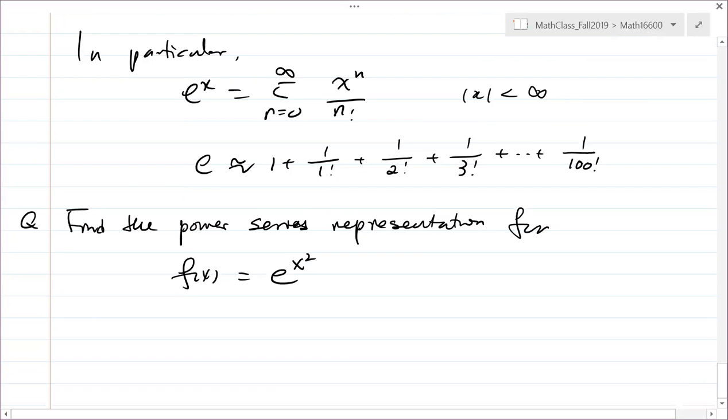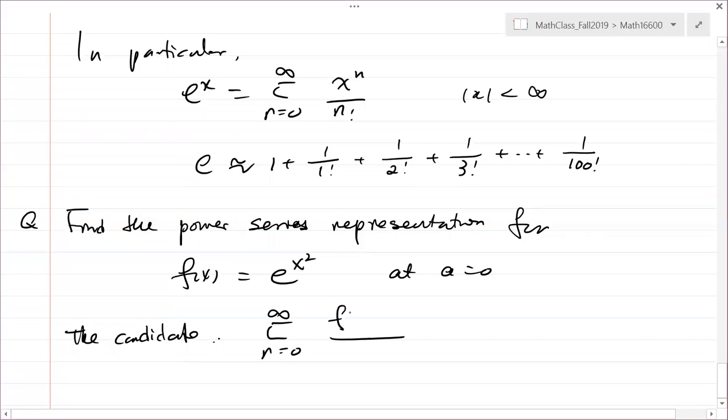Then we cannot repeat the same procedure as we did before, because you have to find the general formula. The question is the candidate. The only candidate is this one. At a equals 0, let me try it. The only candidate is this.